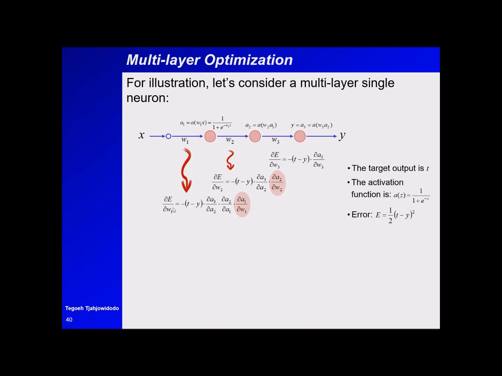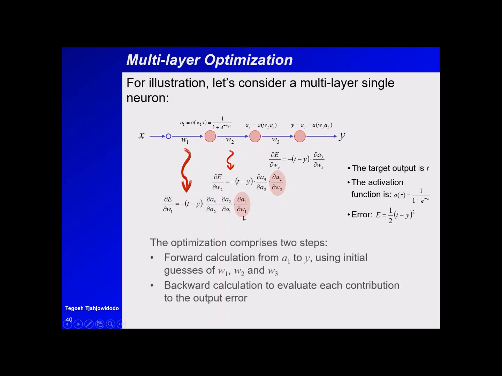This is a technique that we call back propagation, because we update the weightage from the last one, W3, W2, W1, because of this convenience in transferring the value that we calculated before. So in short, the optimization comprises 2 steps. The first one, you have to do forward calculation to calculate y.